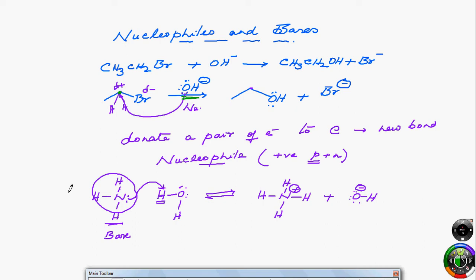So we can say basicity is a subset of nucleophilicity.